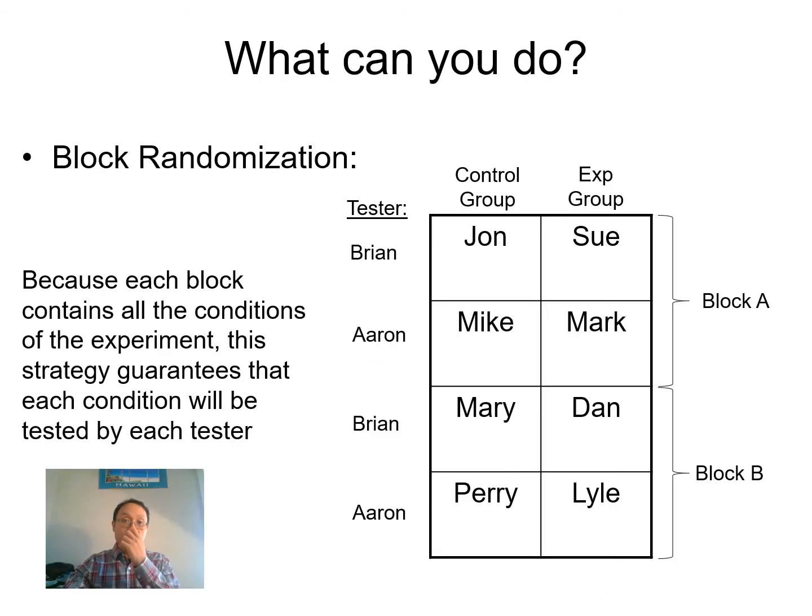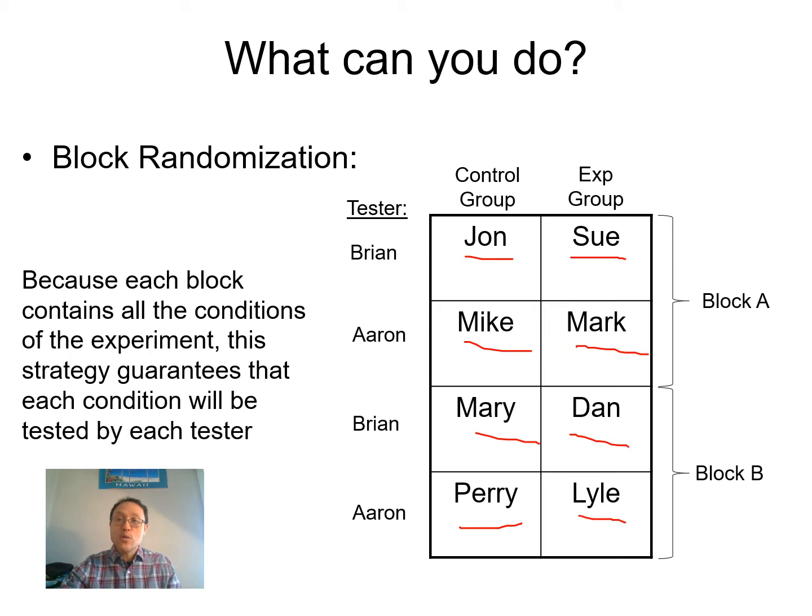Okay, so what you can do is something like block randomization. Let's say, for instance, you have John, Mike, May, Mary, and Perry in the control group, and you've got Sue, Mark, Dylan, and Lyle in the experimental group.